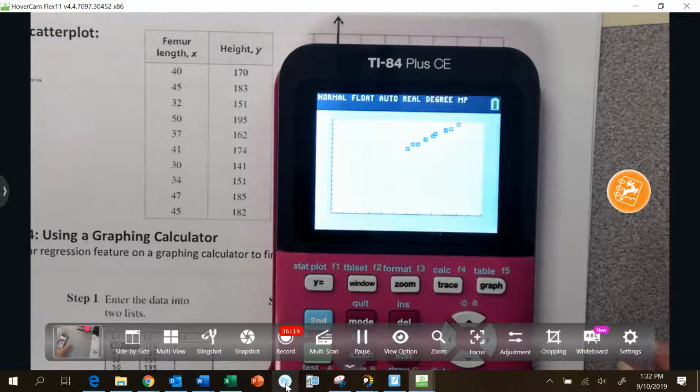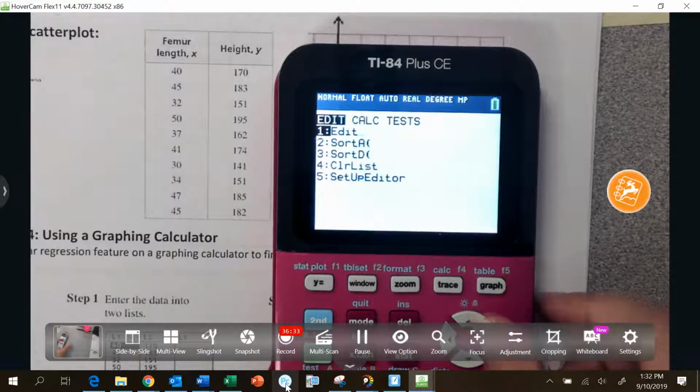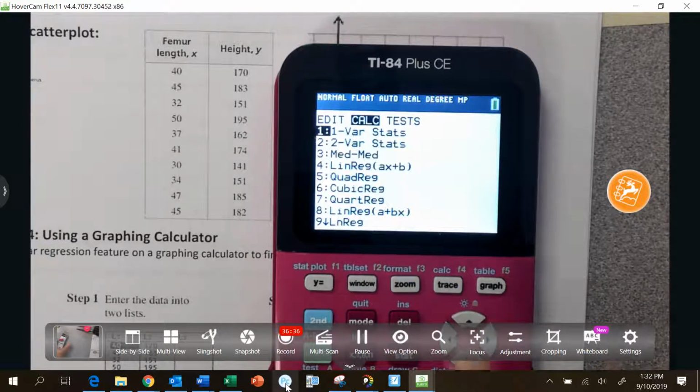We are going to graph the line now on top of this. So remember we found the equation of the line? Let's do that again. To find the equation of the line, you're going to go stat, and you're going to calculate, and we were doing linear regression, number 4.